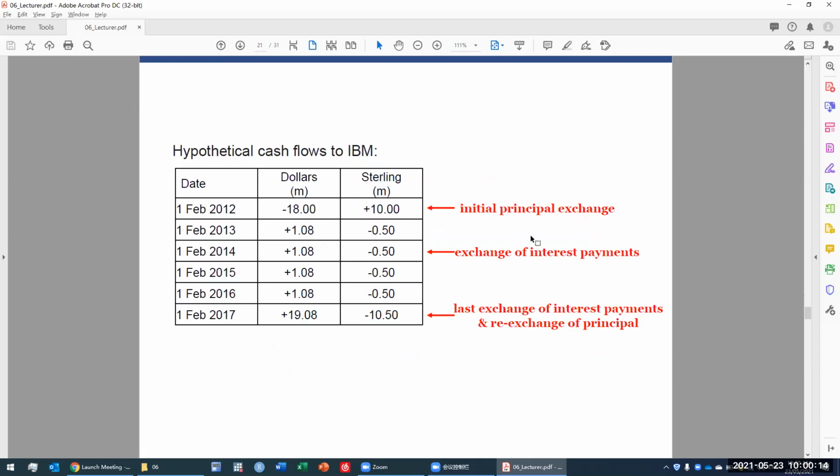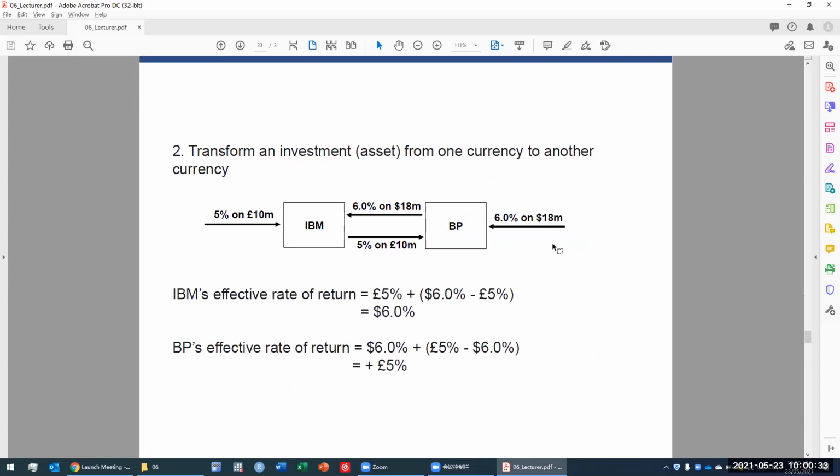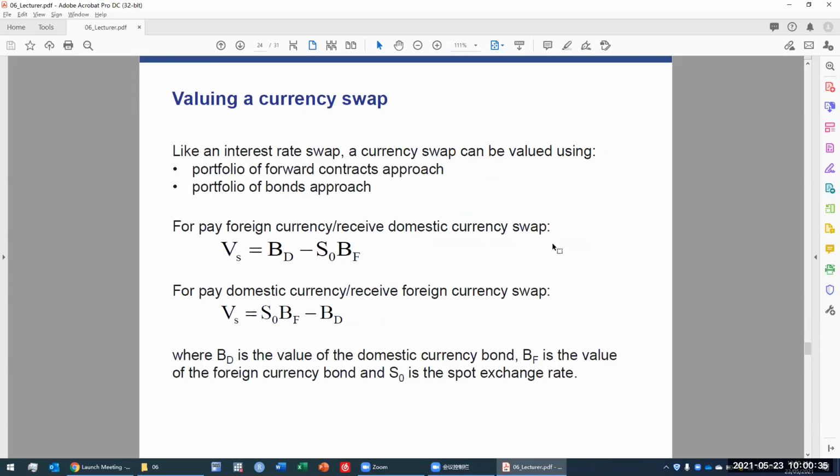Knowing that the difference to an interest rate swap here, we have an exchange of principals. So that means that at time zero, there's an extra cash exchange. Like in an interest rate swap, nothing happens until time one, but here something happened at time zero, right? And understand how you should do this.